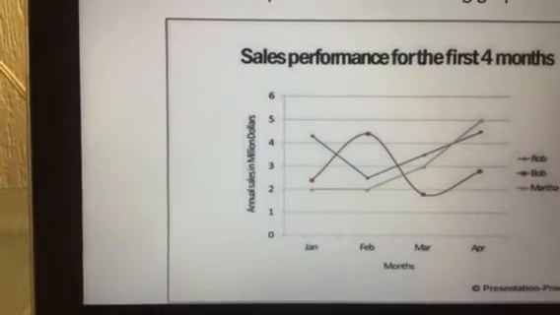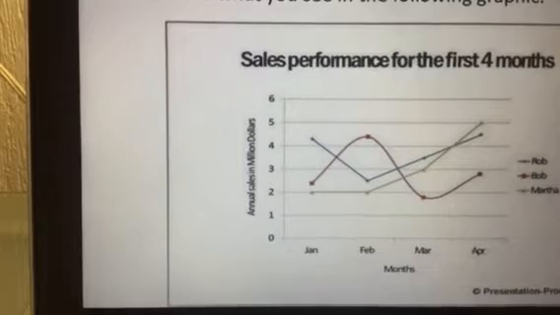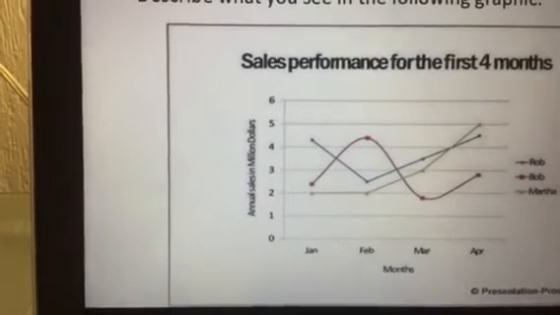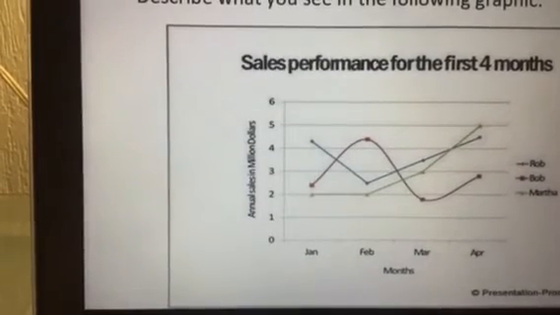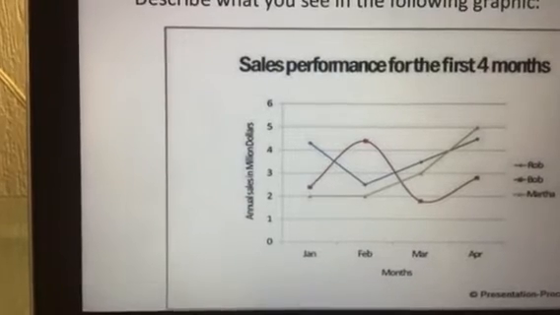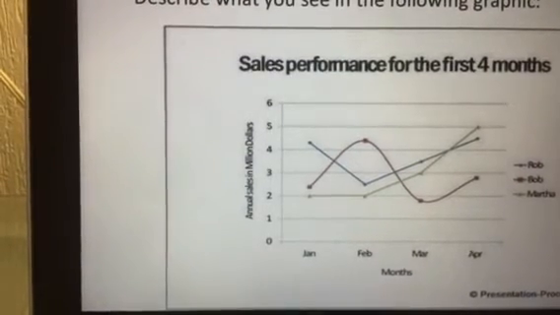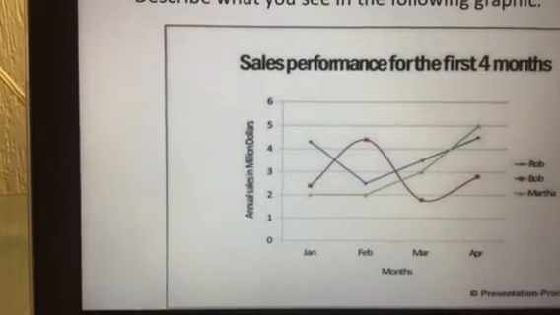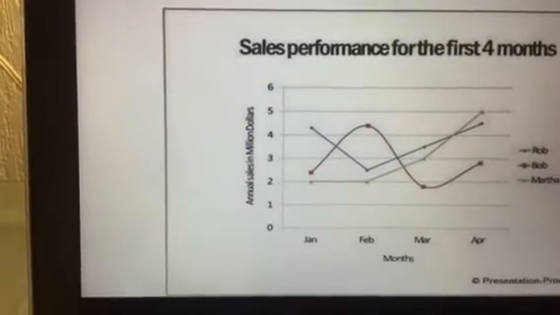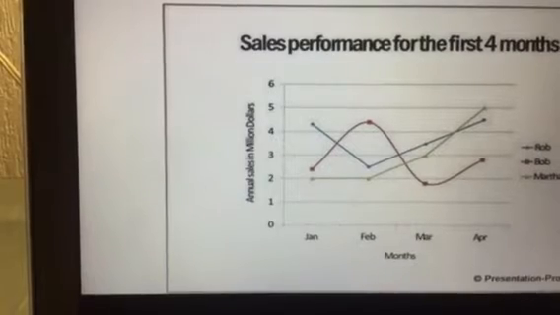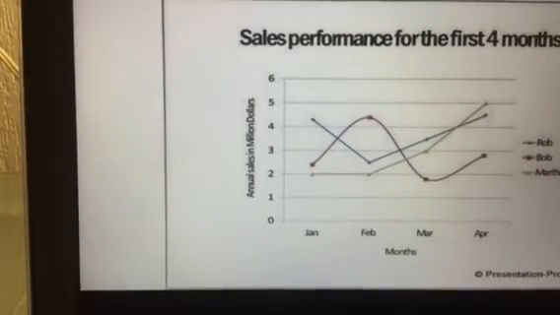But then we can see she increased, not quickly, just she increased from February to March from $2 million to $3 million. And then we can see that it went up like a rocket. It went from $3 million to $5 million in just 1 month.